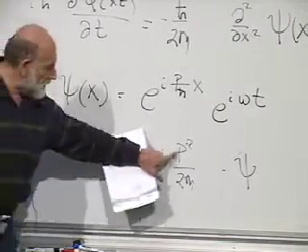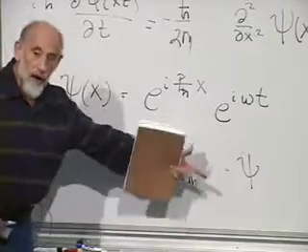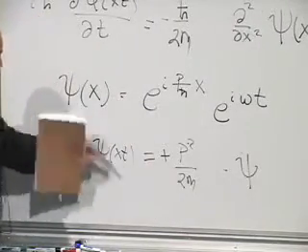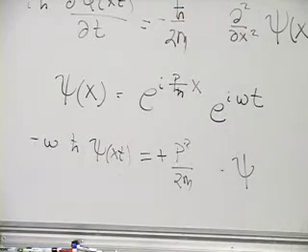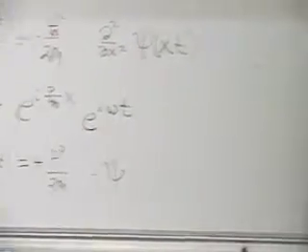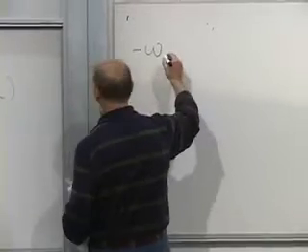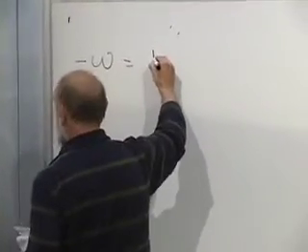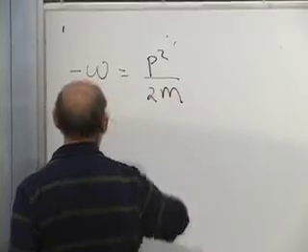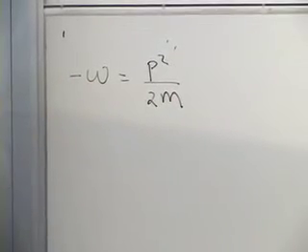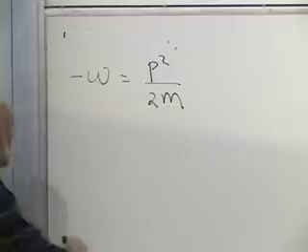The right-hand side, p squared over 2m times psi. Cancel out the psi's, and what do we find? We find that the frequency minus omega must equal p squared over 2m h bar. Yes, divided by 2m h bar, thank you.